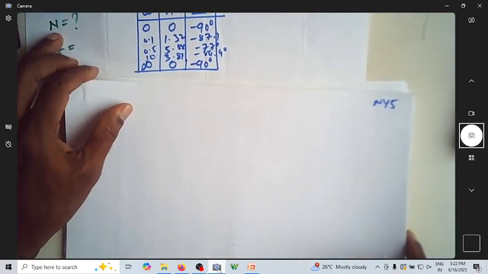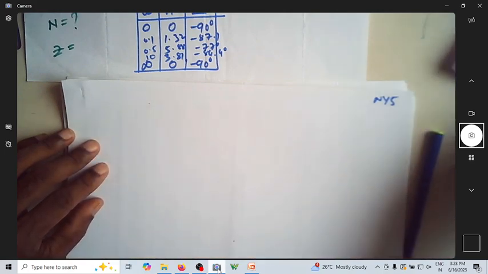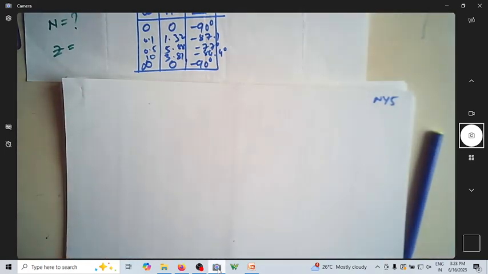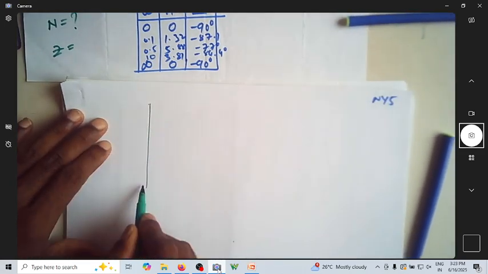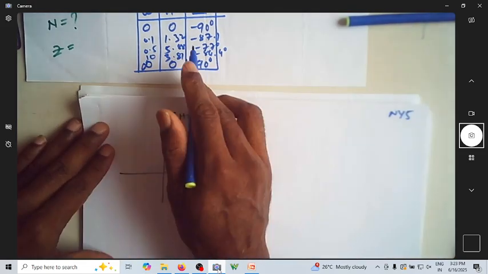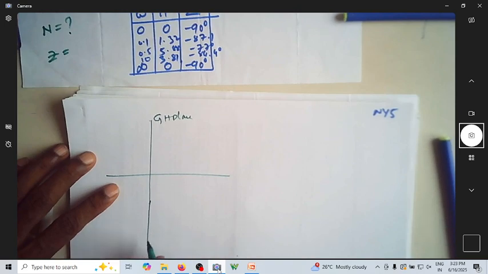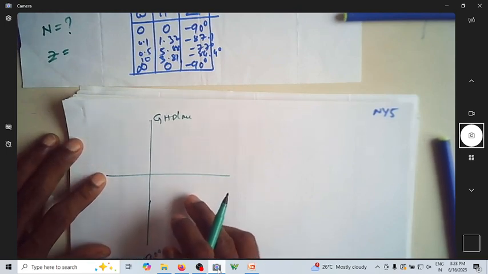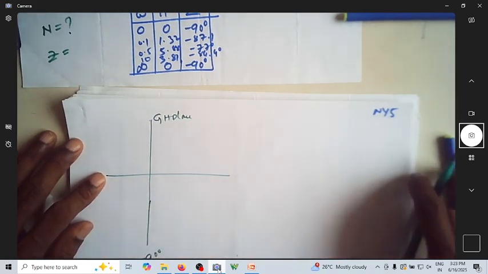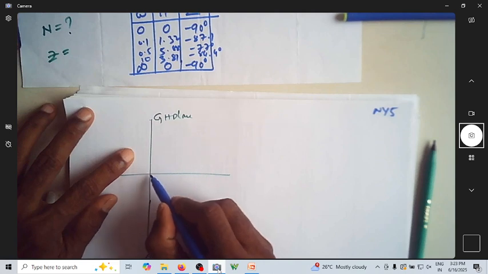If you try to plot this, this is how it looks. This is the GH plane. In the GH plane, this is minus 90 degrees, and minus 87 comes close to it. What might happen?